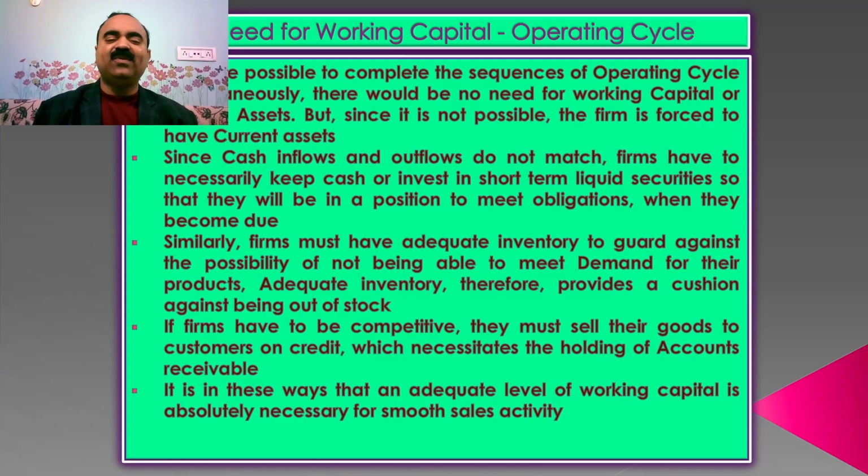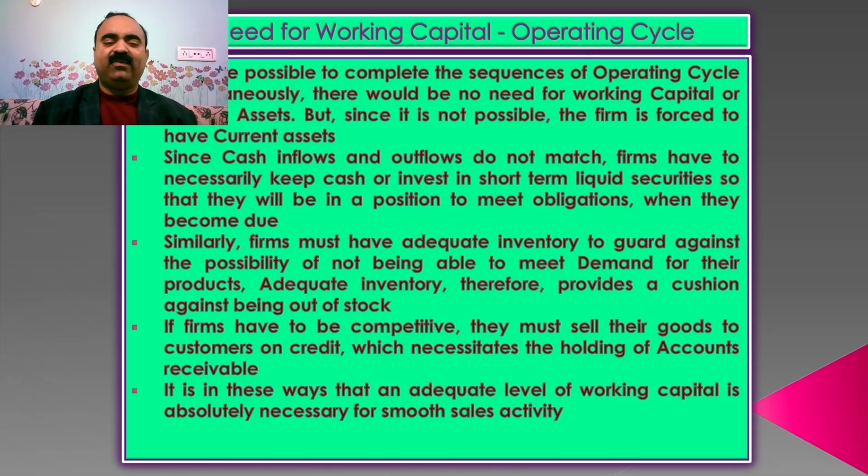Since cash inflows and outflows do not match, firms have to necessarily keep cash or invest in short-term liquid securities so that they will be in a position to meet obligations when they become due.